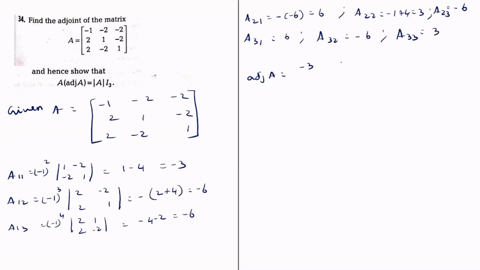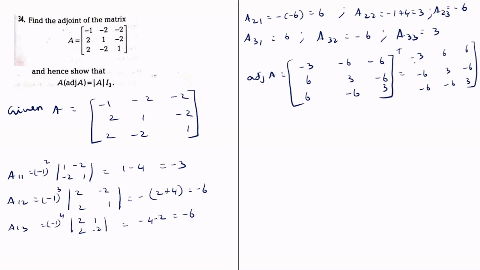So it is the transpose of [-3, -6, -6; 6, 3, -6; 6, -6, 3]. So the first row becomes the first column, the second row becomes the second column, and the third row becomes the third column. This is the adjoint of A.